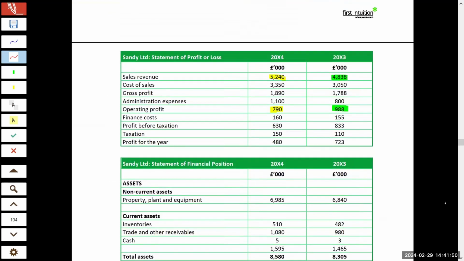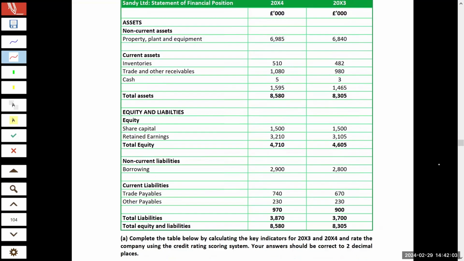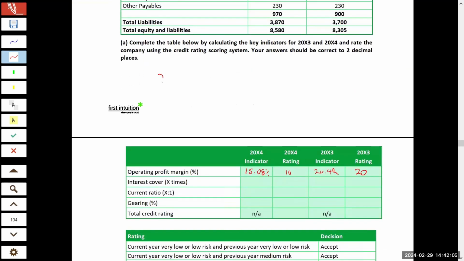So I'm going to go again to my statement of profit and loss, and I can see operating profit and my finance cost, just like that. 790 divided by 160 gives me a total for 20x4 of 4.94.